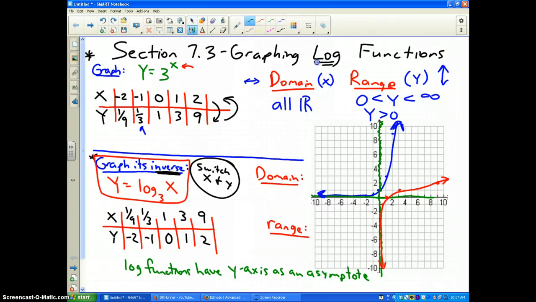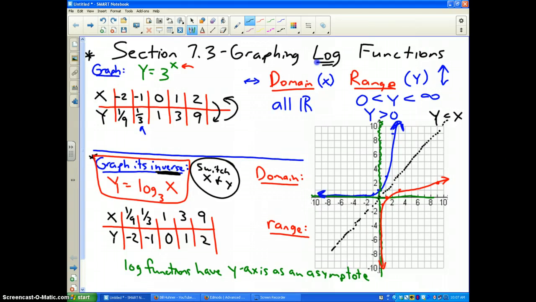Now, if you recall from the video in section 7.2, when we graphed, inverses are always mirror reflections across the line. And again, I'm going to draw this nicely on this whiteboard. It's kind of difficult, but that line right there is the line y equals x.